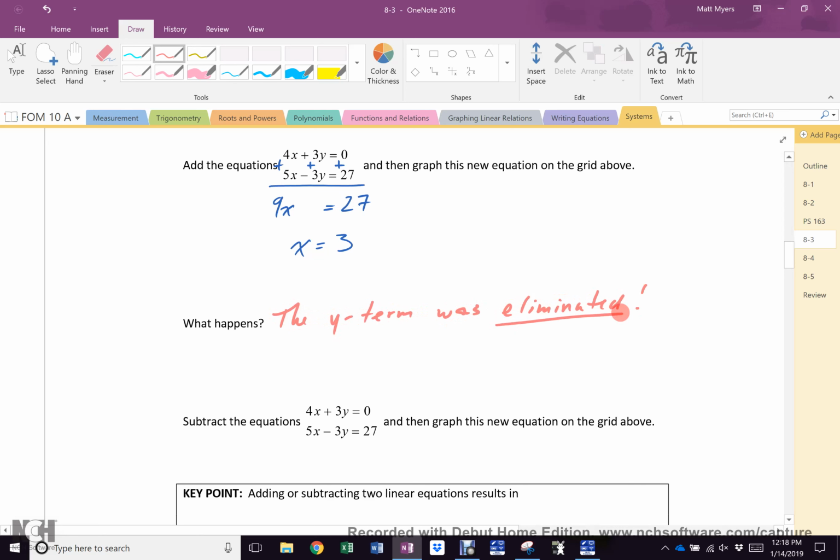Why is that a good thing? You get the x right away. Immediately. Right? Half the class, half the years say this is the easier way.